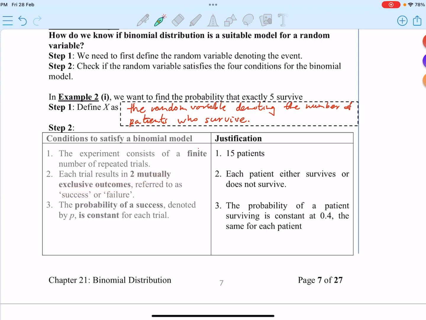So in this case, a patient either survives or does not survive, which is also satisfied. In the third condition, we want to know whether the probability of success is constant for each trial. Based on the question, the probability of a patient surviving is constant at 0.4, the same for each patient. So this condition is also met.